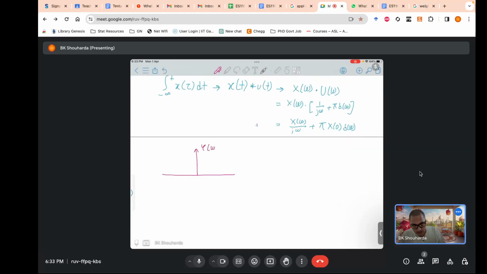Okay, so how does this spectrum look like? Y of omega, if you ignore this Dirac delta thing, will be mod X of omega upon omega. Let's say we have some very high value at omega equal to 0, there is a singularity due to this Dirac delta function, and then we have some very high value, but at omega naught it remains finite. Omega remains finite, it is 1 upon omega.